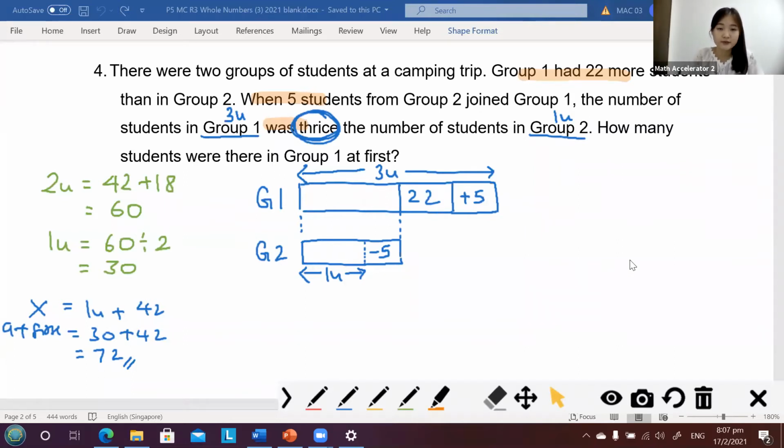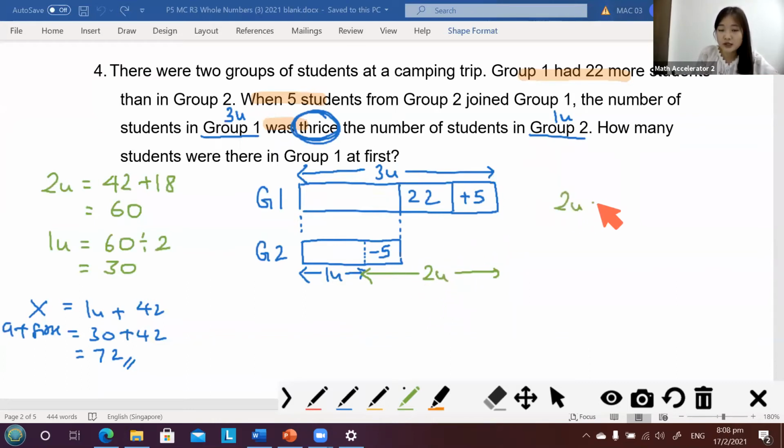So which is correct? In your model, you have to see here. This is 3 units. And this is 1 unit. Earlier on, I already asked you, do you include the 5 in the 1 unit? A lot of you say no. So the 1 unit stops here. So whatever is at the back here is the 2 units. 3 minus 1, 2 units.